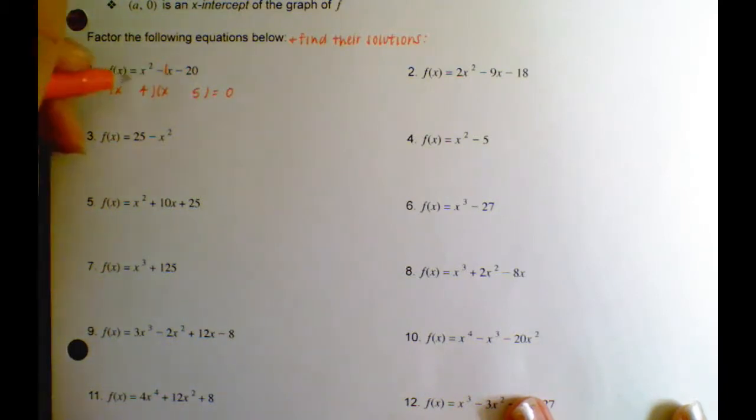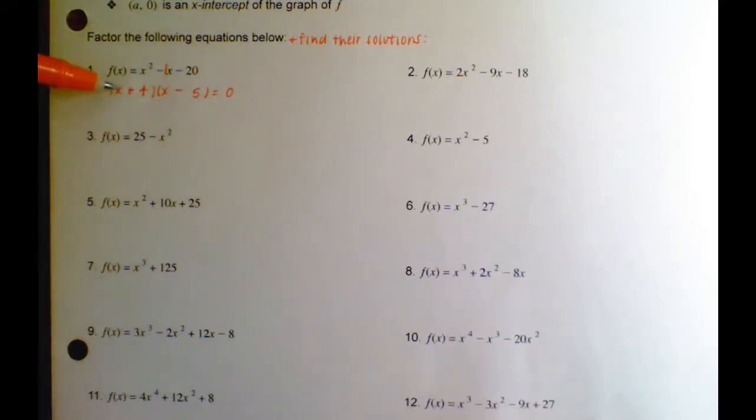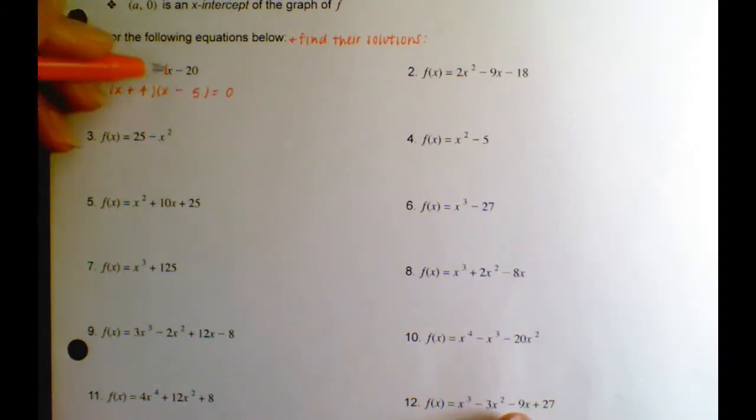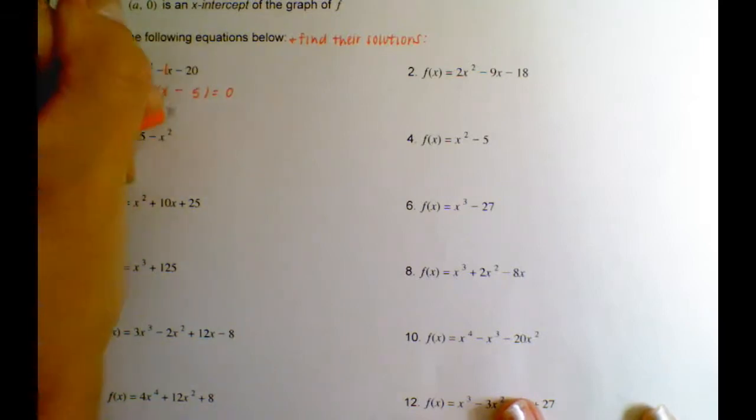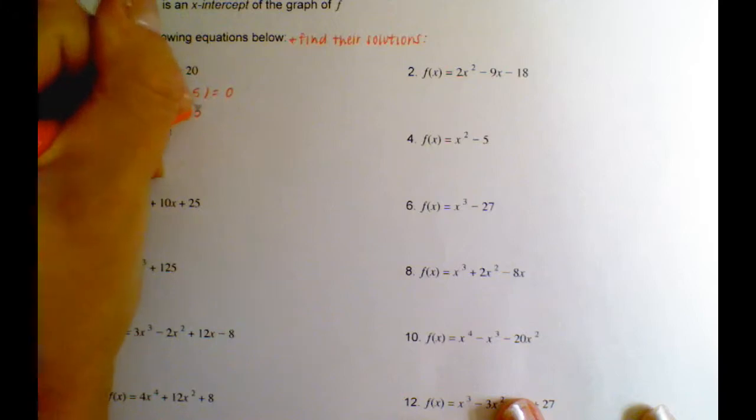So I'm going to say -5, +4. So x times x is x squared. 4 times -5 is -20. Also, 4 minus 5 is -1. Remember, these 2 terms added together should equal that middle term there. So then when I set each of these factors equal to 0, I get x equals -4 and x equals 5.